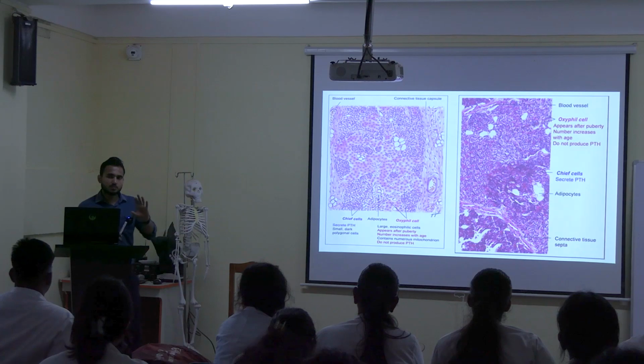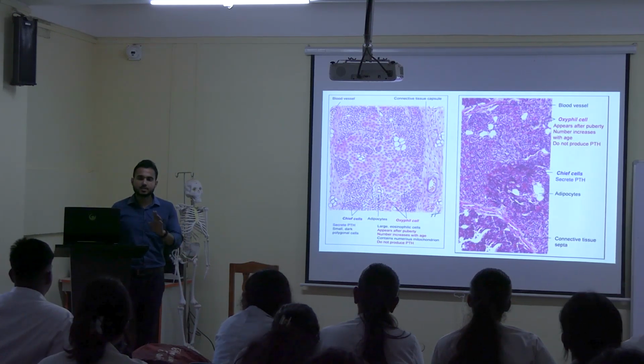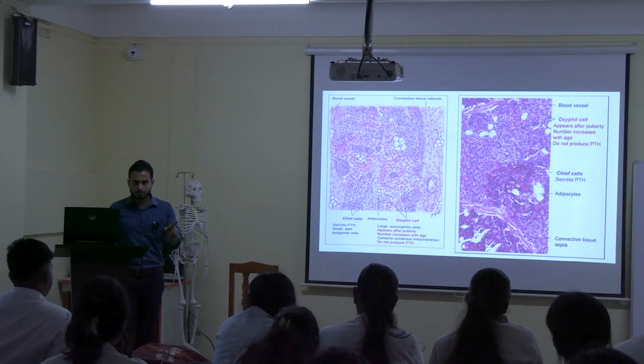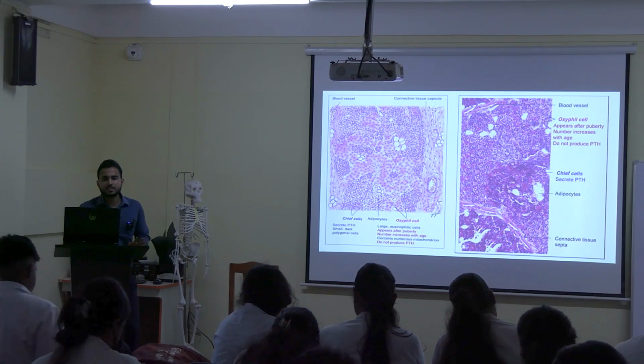First, notice that the number of chief cells is more, and the number of oxyphil cells is less. I think it will be better if you note it down.